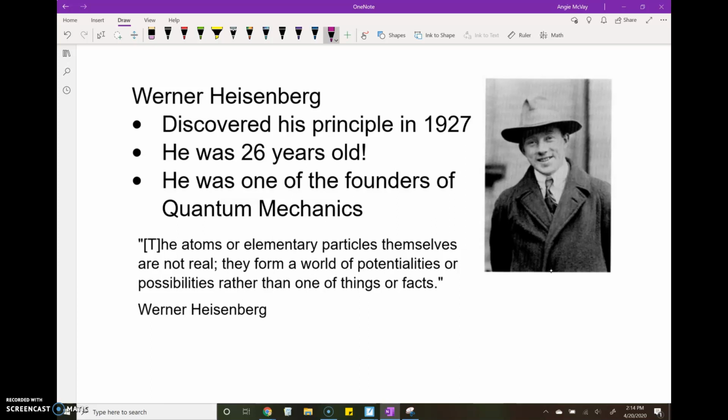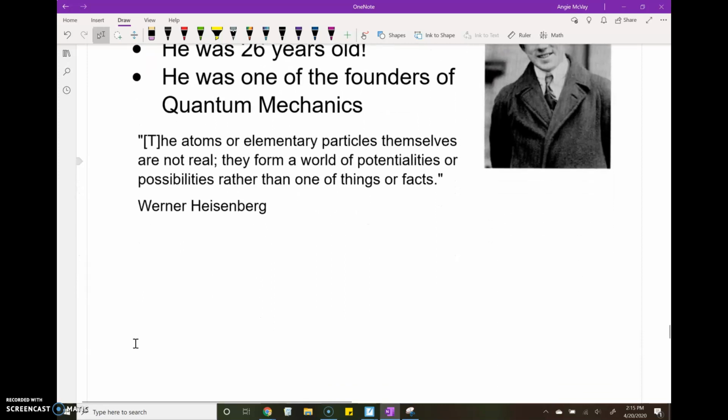They form a world of potentialities or possibilities rather than one of facts." Okay, which is crazy because in science we're all about facts, right? But when we're in the quantum world, we're about probabilities. What is the probability that something is at this location or traveling at this speed?